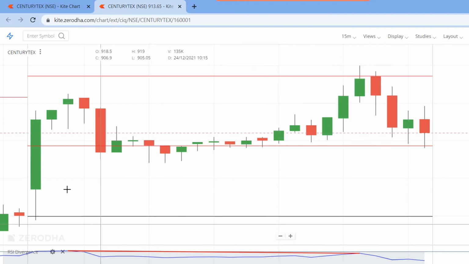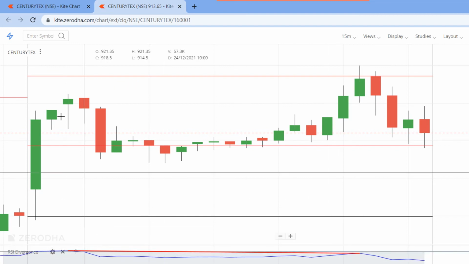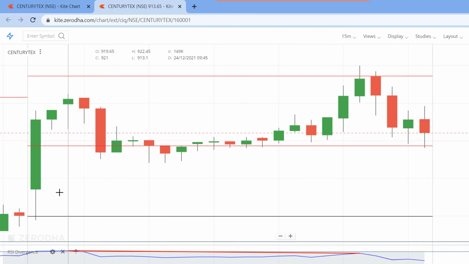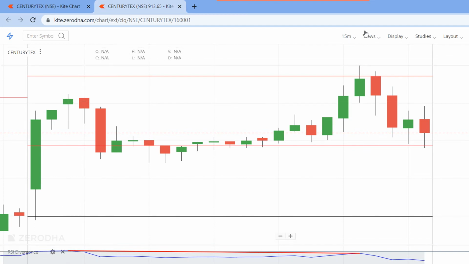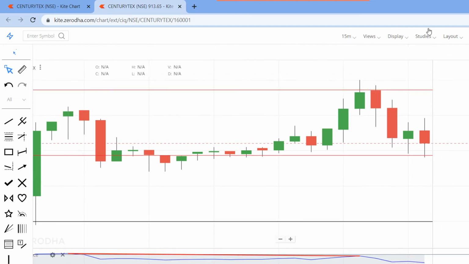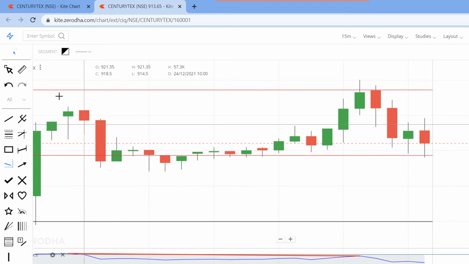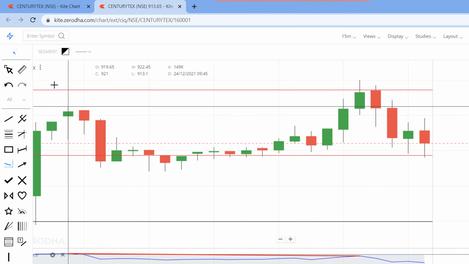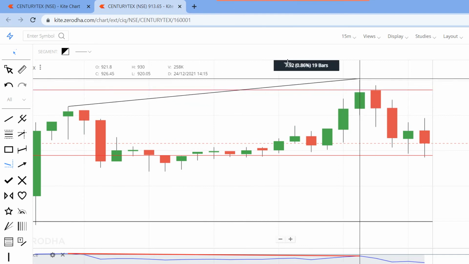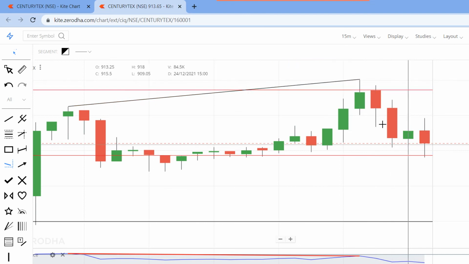As you can see here, the RSI divergence is very clear. For example, the RSI peaked here, right? And if I look at the price correlation here in this chart, this is where the RSI peaked, and this is where the stock price peaked, right?